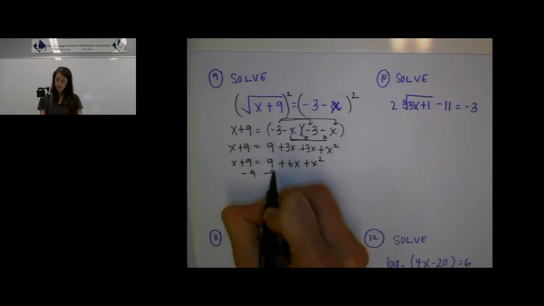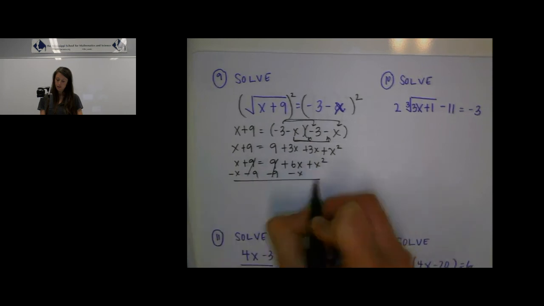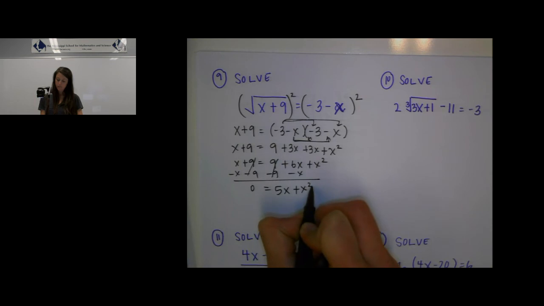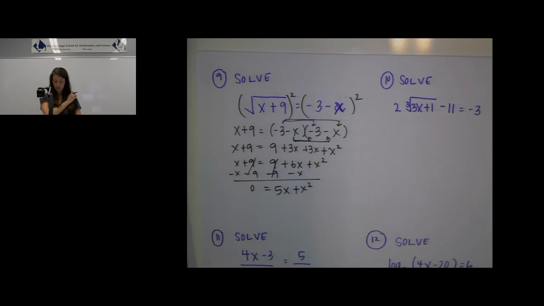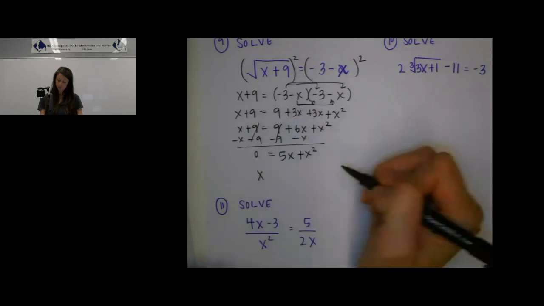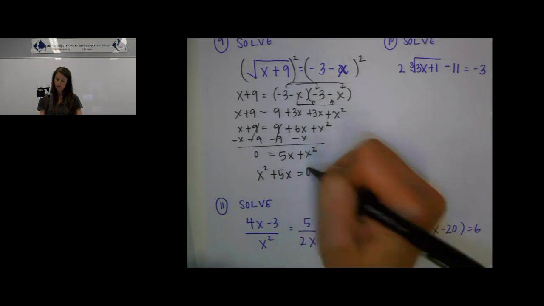Subtract your 9, so that's going to go away. Subtract your x's, so you're going to be left with 0 is equal to 5x plus x squared. So I'm going to rearrange this a little bit, so it's x squared plus 5x is equal to 0.